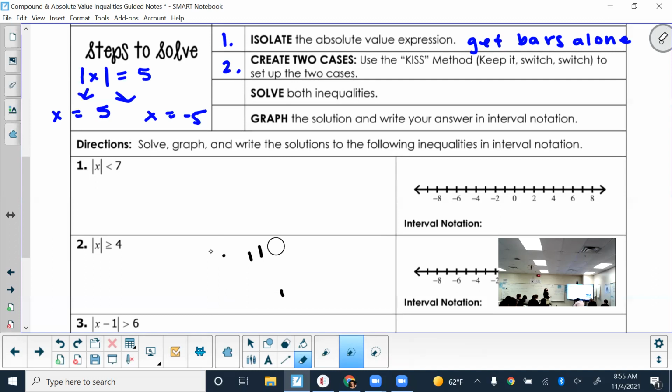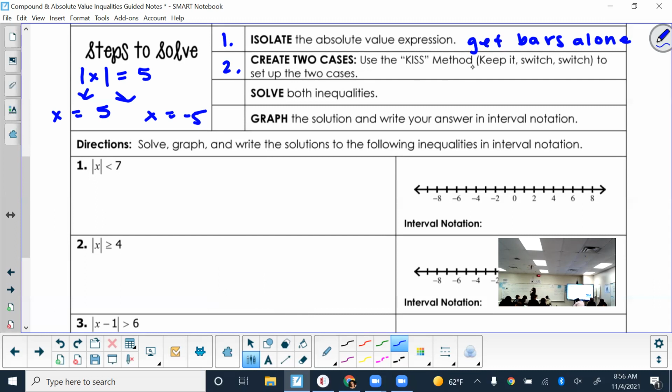So that's why you need to get the absolute value bars alone first. And then you're going to split it up into 2 separate cases, which is what step 2 tells you to do. It says use the KISS method. So you're going to keep the first one. So just drop the bars, keep the first one. And then for the other one, you're going to switch.